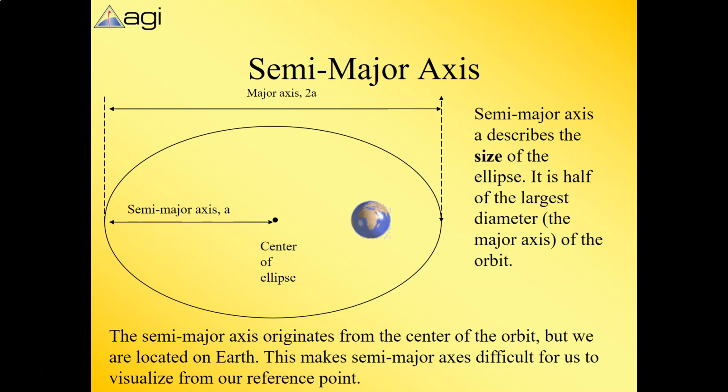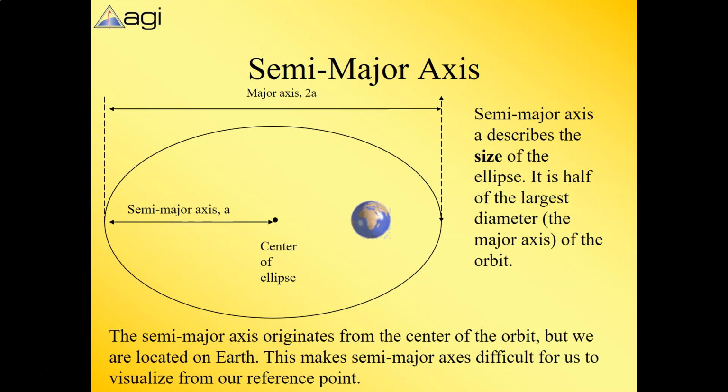Semi-major axis is all about the size. It describes the size of the ellipse. It is half of the largest diameter. The major axis is what we're talking about. The semi-major axis originates from the center of the orbit, but we are located on Earth.